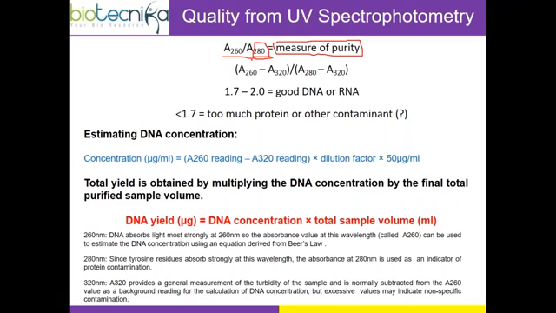In my sample, if the protein is very less, if I do this formula, my answer will come between 1.7 to 2. If my answer comes between 1.7 to 2, then my isolated sample is pure. It does not contain any protein. That's all I can infer. Clear?